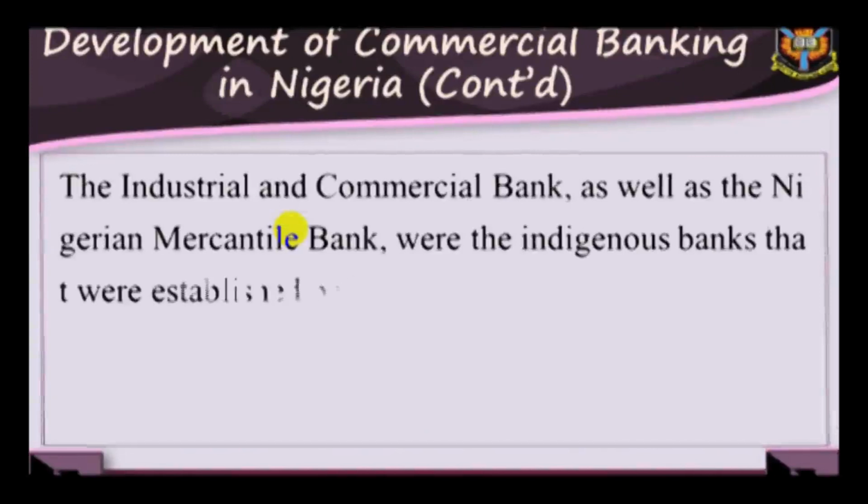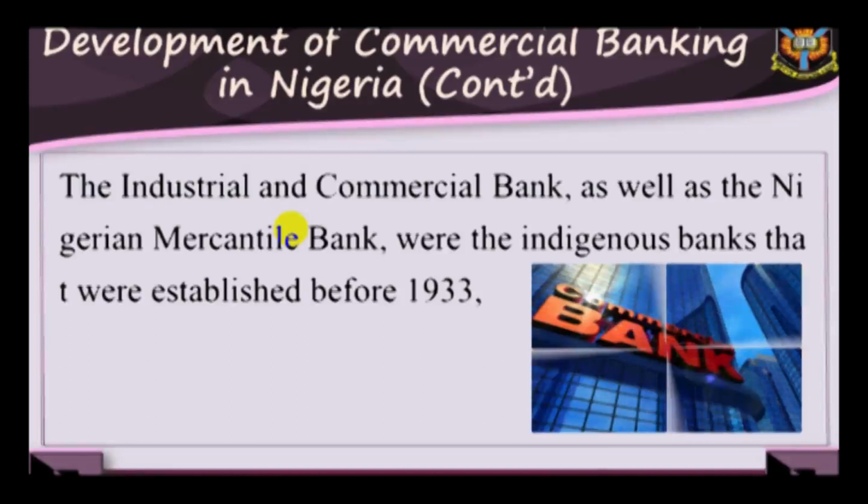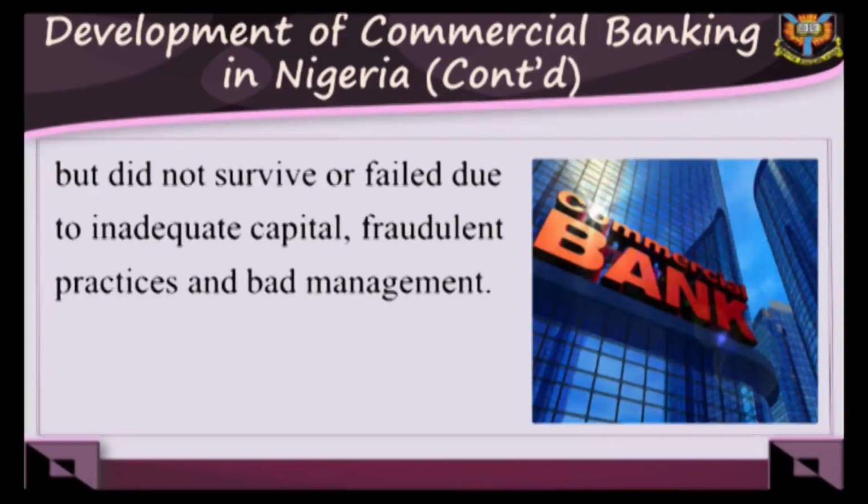The Industrial and Commercial Bank, as well as Nigerian Mercantile Bank, were the indigenous banks that were established before 1933 but did not survive or failed due to inadequate capital, fraudulent practices, and bad management.